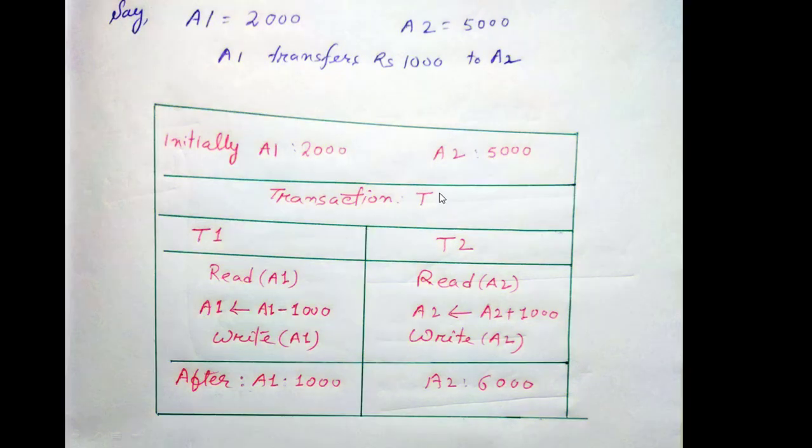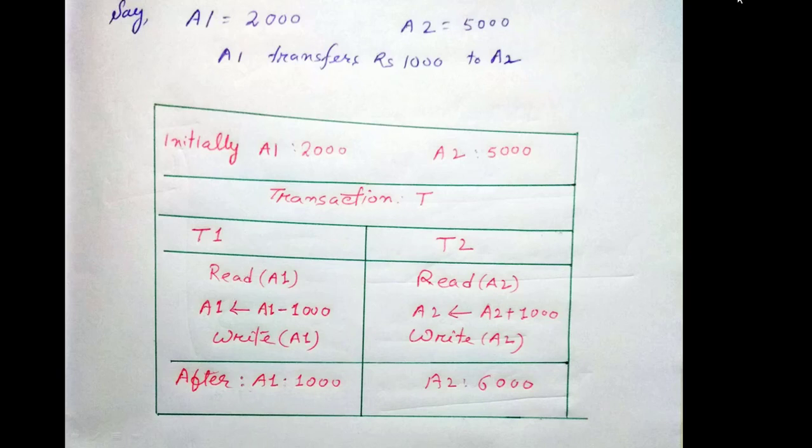T is the transaction, and as I have already told you, a transaction contains several small tasks, here T1 and T2. One is debit, which takes place with respect to A1, and one is credit, which takes place for A2. Say T1 is debit, T2 is credit.